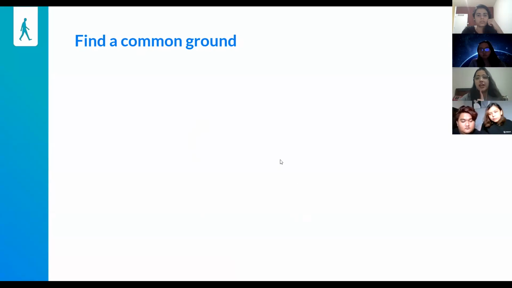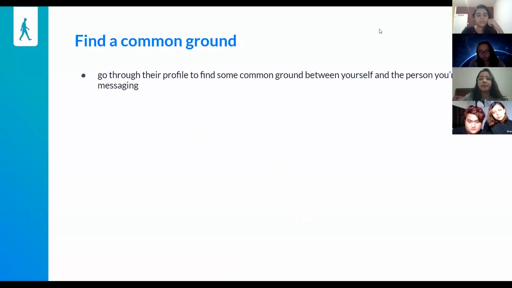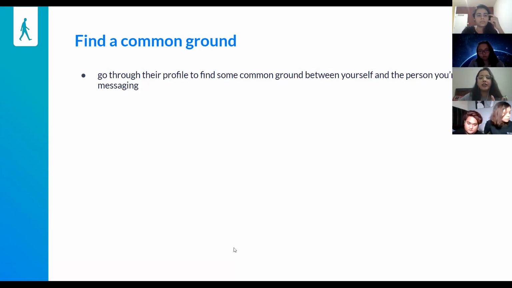So the first thing I would suggest whenever you approach somebody through LinkedIn is to find a common ground. That common ground can be about anything. Go through their profile, see if they're interested in something that you're interested in, and find what is common between you and them, or between their organization and ISEC. Finding a common value, a common vision statement, or anything that you think is a common ground to begin from is a very good way to start.